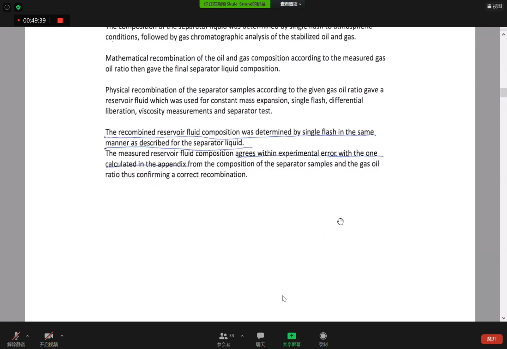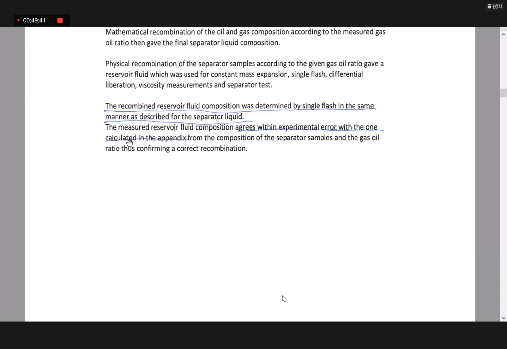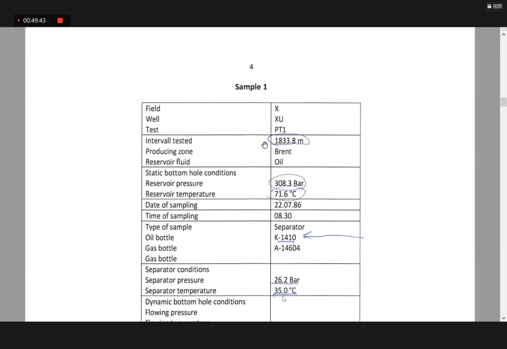Sampling data, we have an interval tested at 1833.8 meter. It's a Brent reservoir. Reservoir fluid is oil. Brent formation, production zone, a typical geological sequence in the North Sea.